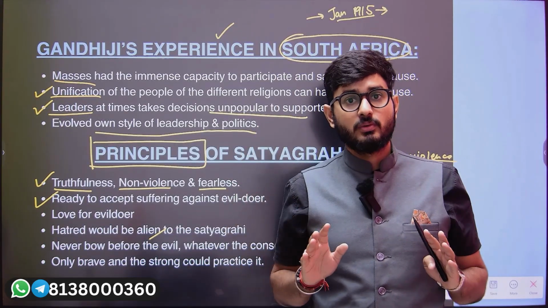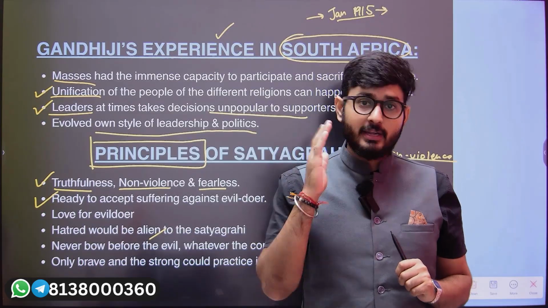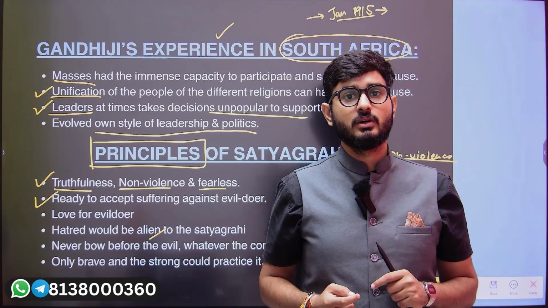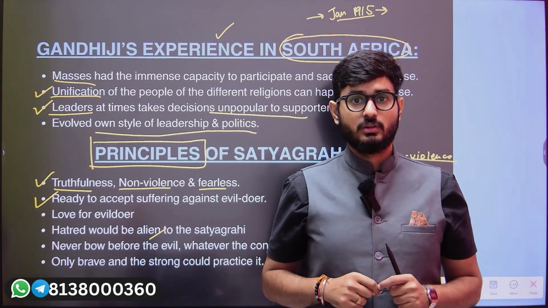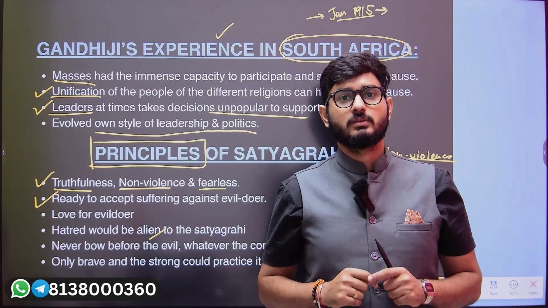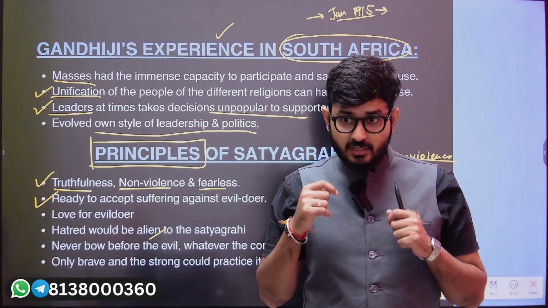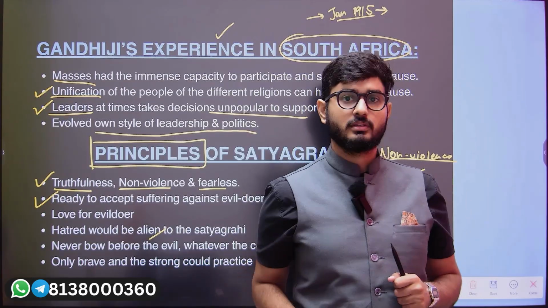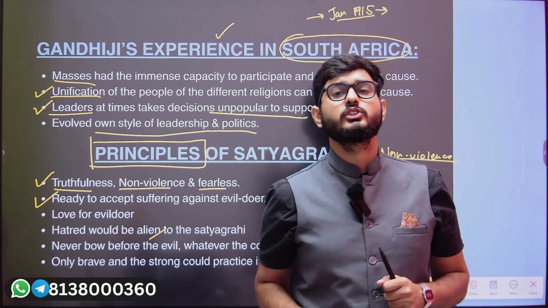And also, I will not bow down. If you are beating me two times, it is not that I will not give you the third time. I will give you the third time also. I will not bow down to you because you are wrong. I will keep on resisting you until you have a change of heart, until you change by yourself.